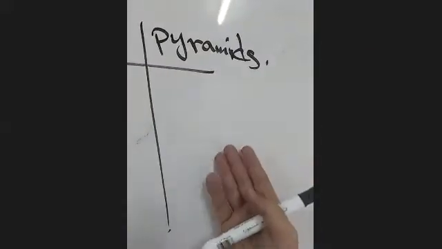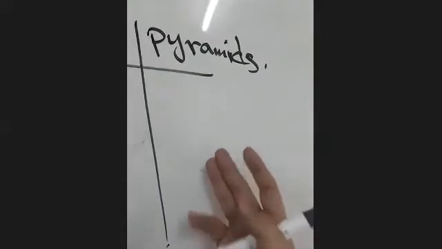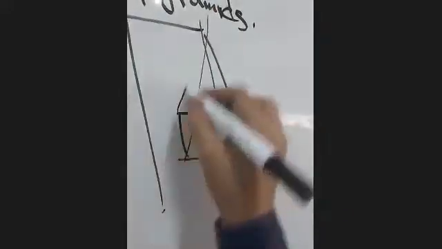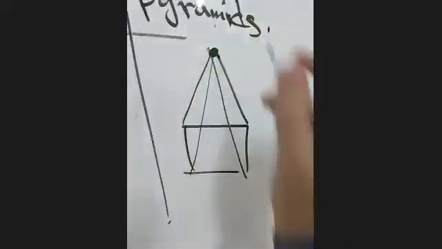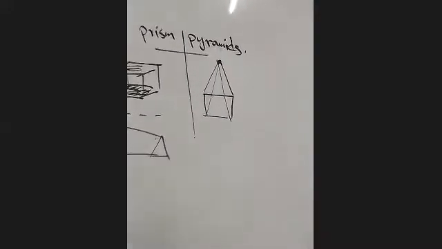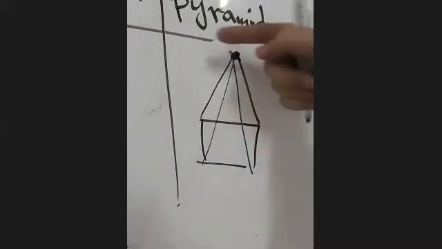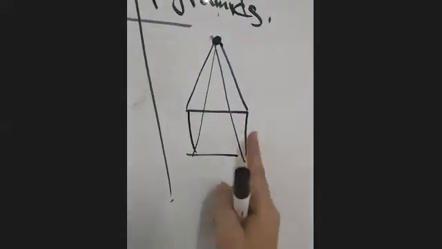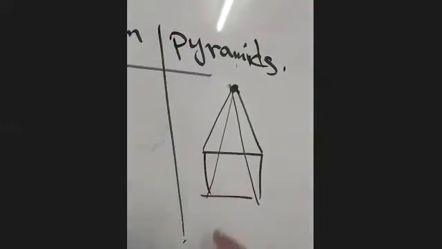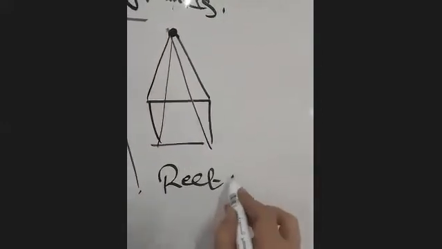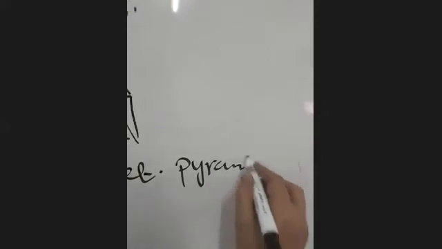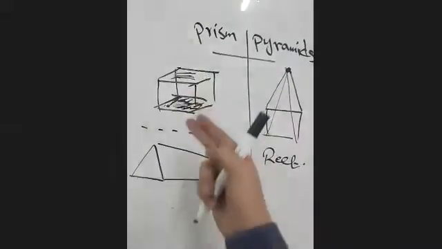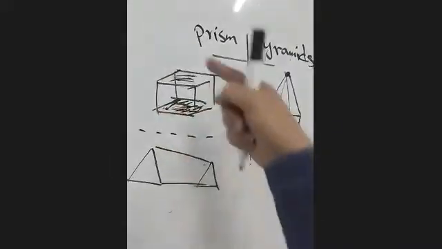The pyramids, and your friends from Egypt know this very well, are something like this. It has only one base down and all the sides are triangles. So here we have 4 triangles around it and the base is a rectangle. What do we call it? Rectangular pyramid. So we have prisms and we have pyramids. Prisms mean 2 bases and the sides are all rectangles.